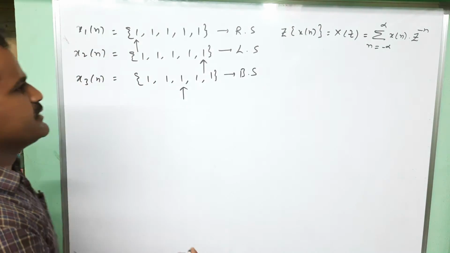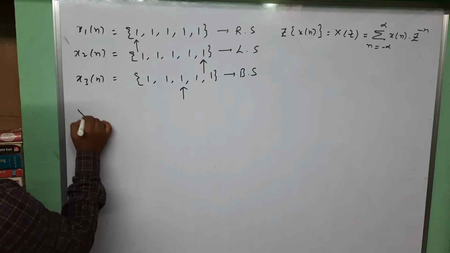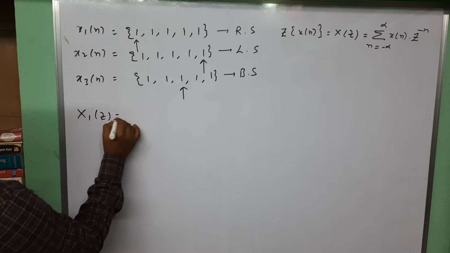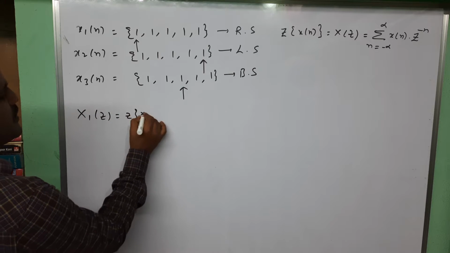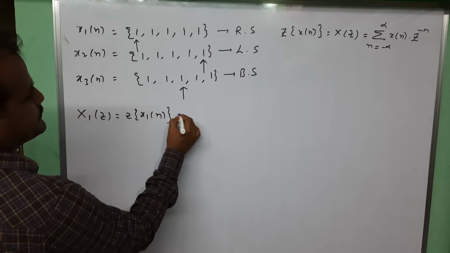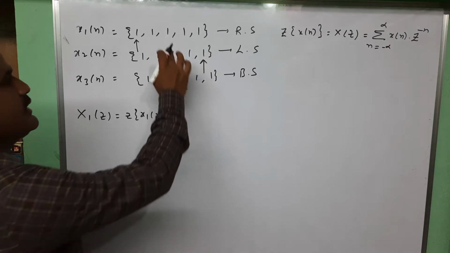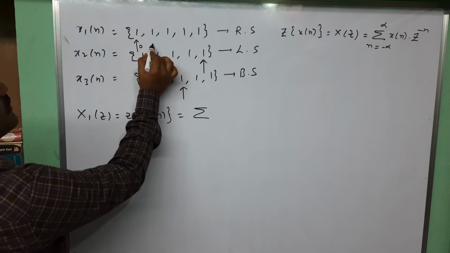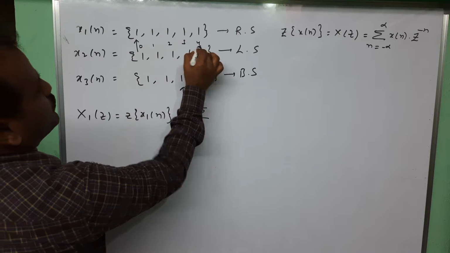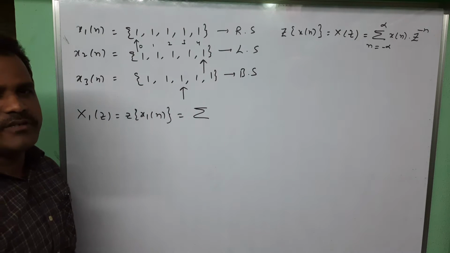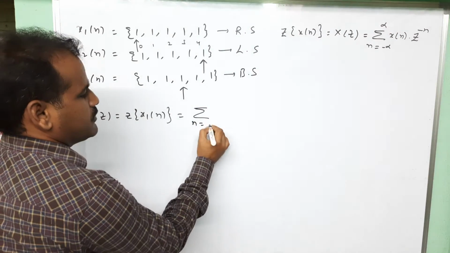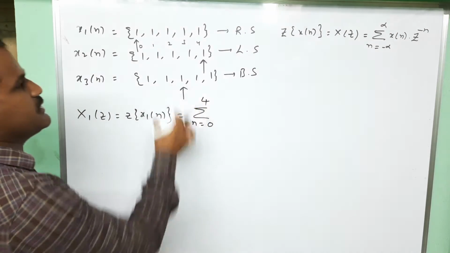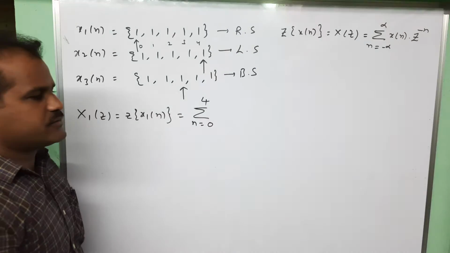Let us consider x1 of z first, that is Z transform of x1 of n. Here n value is starting from 0, 1, 2, 3, 4. N value is from 0 to 4. The sequence is non-zero there.